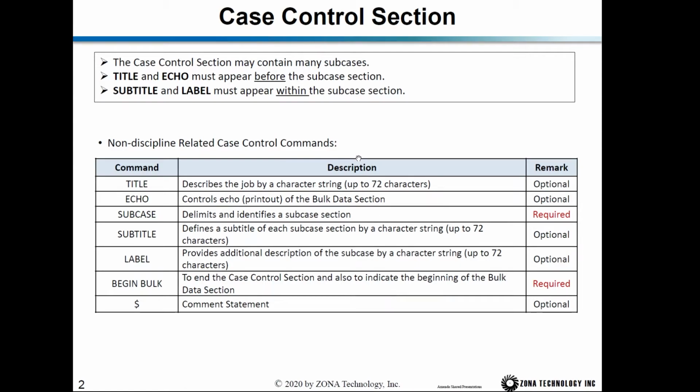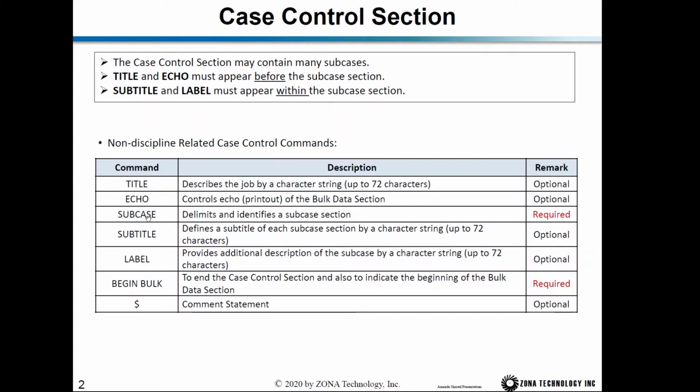The next section of ZAERO input is called the case control section, and you can specify a title and echo. Okay, echo means you want ZAERO to print out the input file, and then you can specify many subcases, and each one you start with subcase equals.